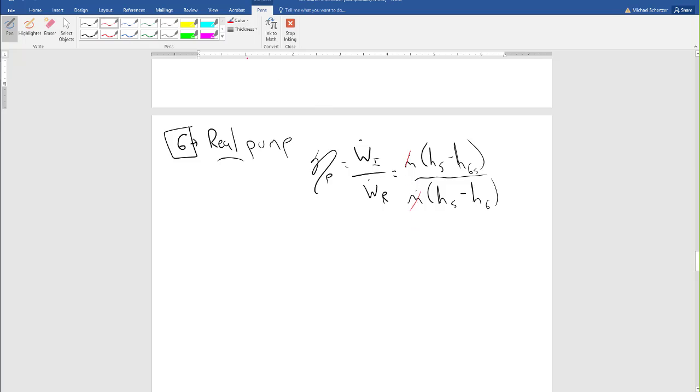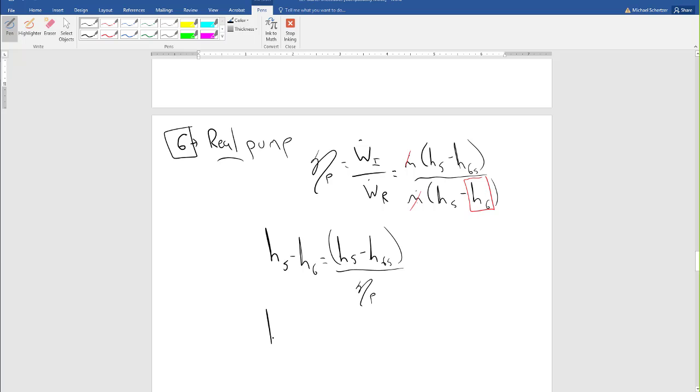Mass flow rates are the same, right? So then I can rewrite this. I want to get an expression for H6. So H5 minus H6 is equal to H5 minus H6S divided by my pump efficiency.